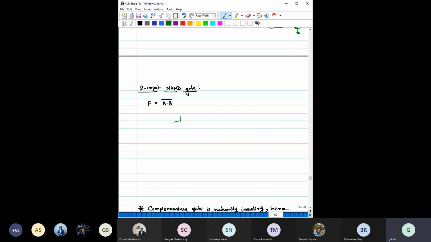To achieve that, for PMOS we should have this PMOS like this. This is A, this is B, this is VDD, and for NMOS, what we have to take? We have to take its dual network in NMOS. So its dual network is when two NMOS are connected in series.